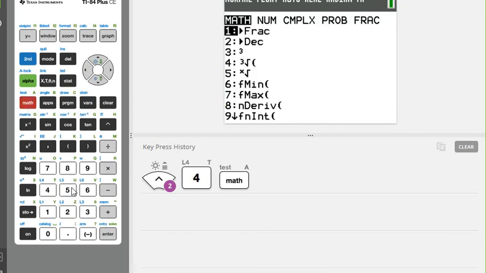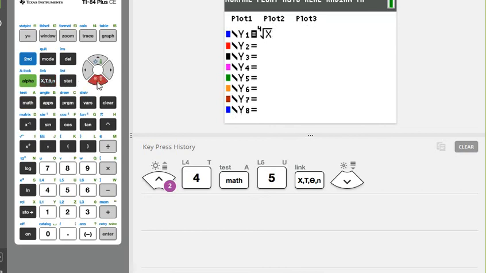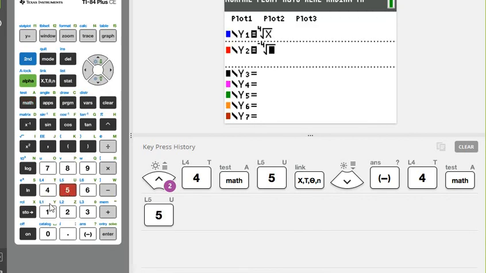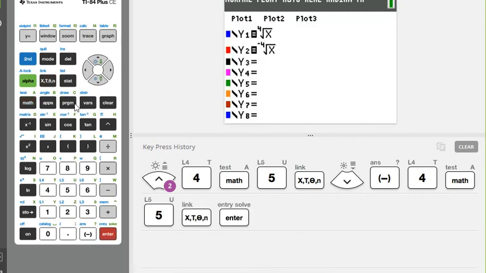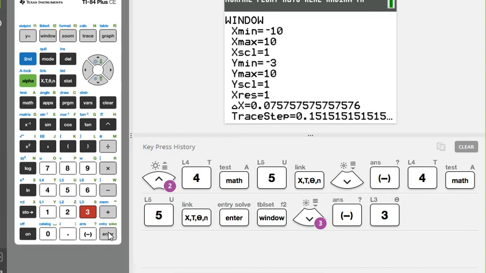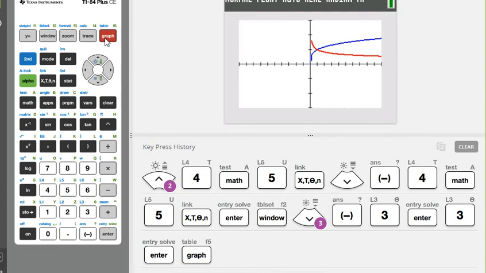Then the 5th option down puts that 4 into the index of the radical, 4th root of x, and then I just type in the negative of the 4th root of x. 5th option down, x, and let me adjust my window. I don't think I need to go as far down as that, so negative 3 to 3. A lot of this graph is going to be wasted.